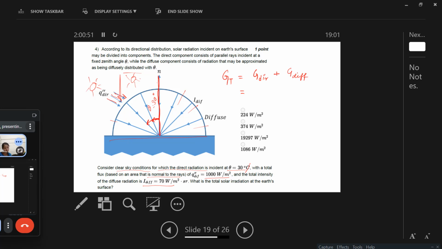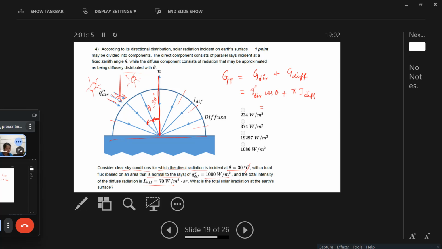So G total irradiation is given by G direct plus G diffuse. So G direct is given as Q direct into cos theta plus G diffuse is pi I diffuse.